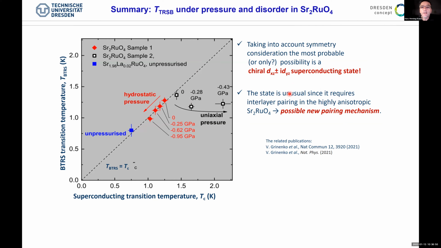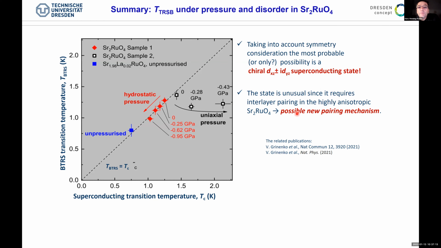ruthenate, and it is kind of difficult from theory grounds because actually there's a nodal line in the z direction at the plane, in the AB plane, and therefore it in principle requires interlayer pairing.